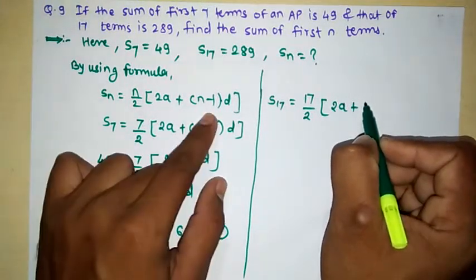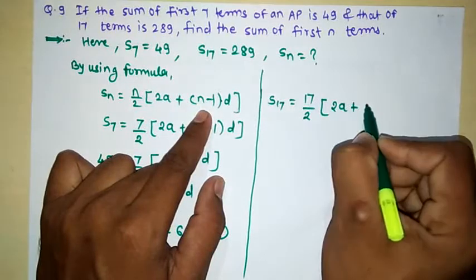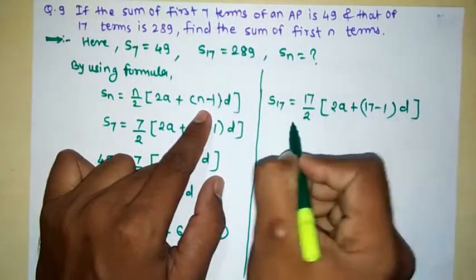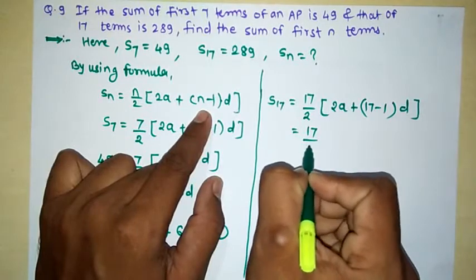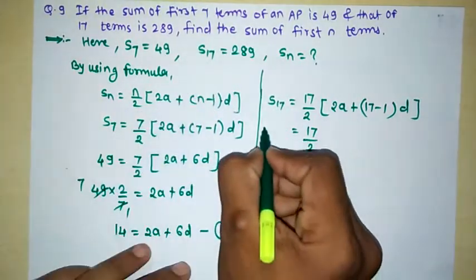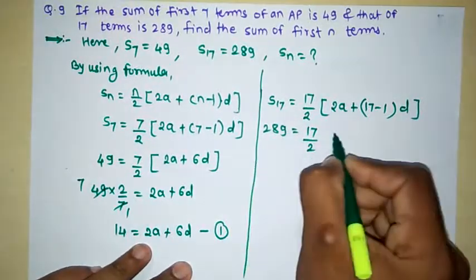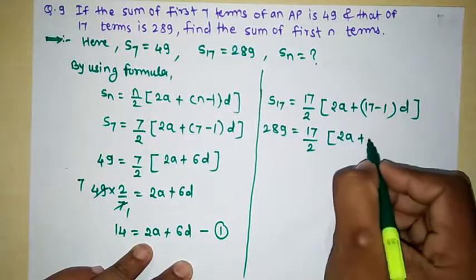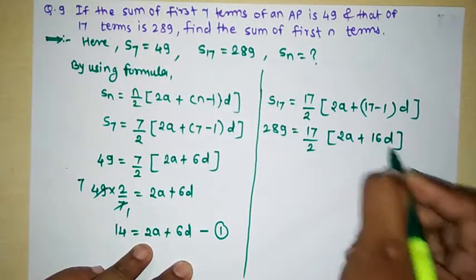What is the value of n here? n is 17, so 17 minus 1 into d. Now what is the value of S17? S17 is given as 289. So 289 is equal to 17 by 2 into 2a plus (17 minus 1, which is 16) into d.